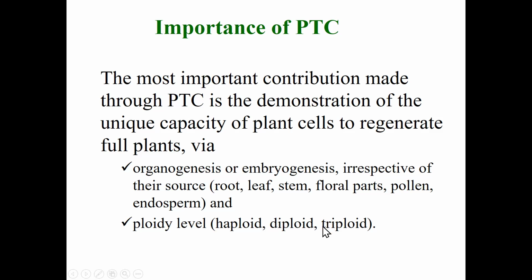And diploid plants: rice, maize, and most of the cultivated plants are diploid, and wheat is hexaploid. So if you cross diploid, then you can get diploid.